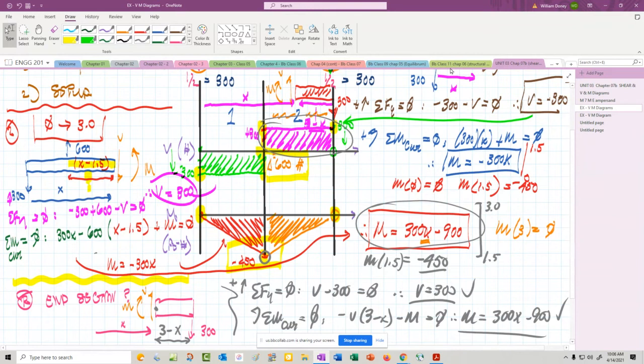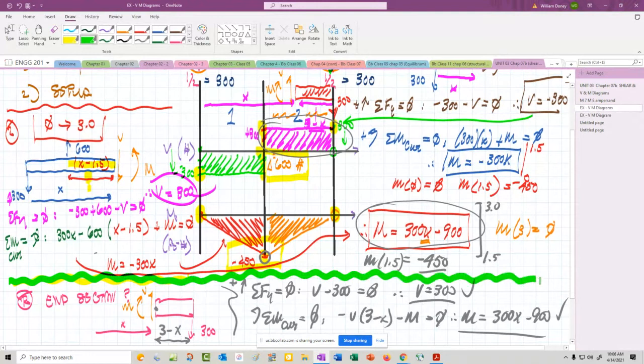So that checks. So that's a way of looking at it from the right end. Sometimes it's a little easier. Not always, but something to consider as we do these.